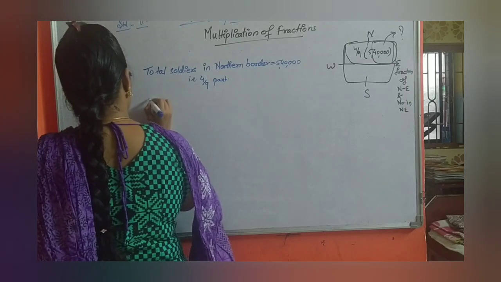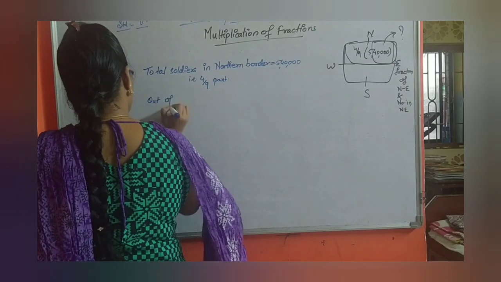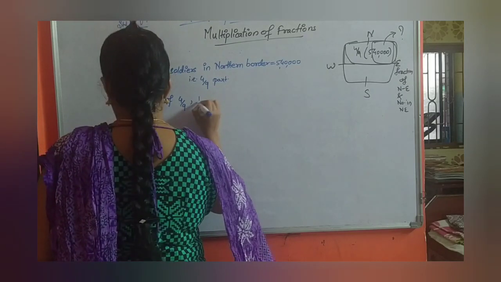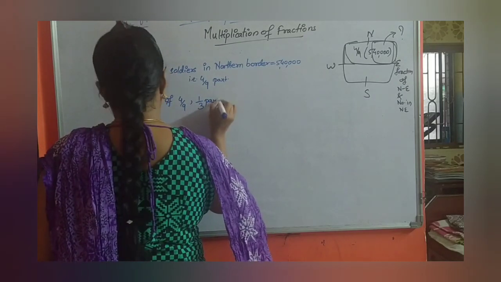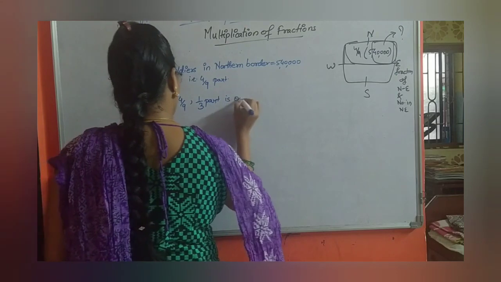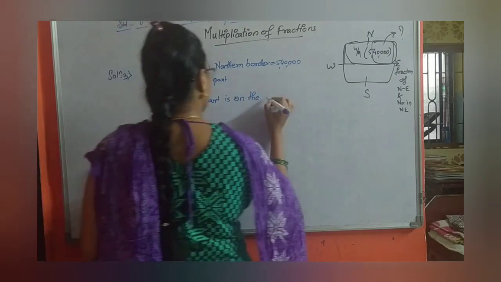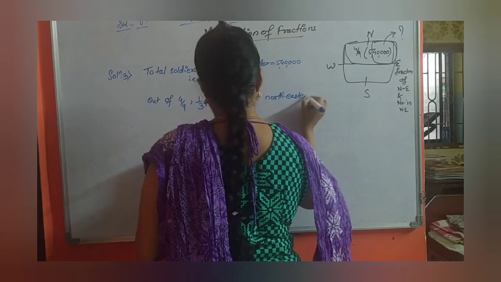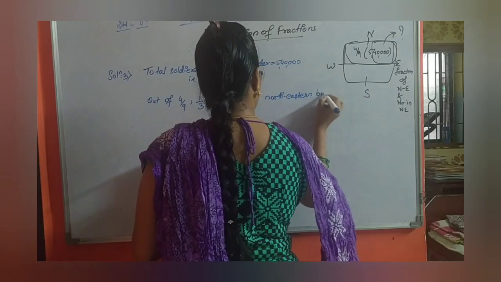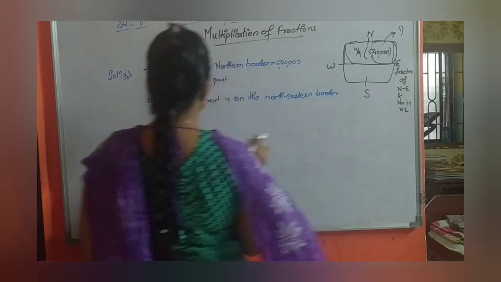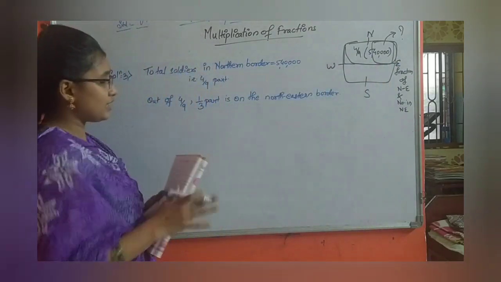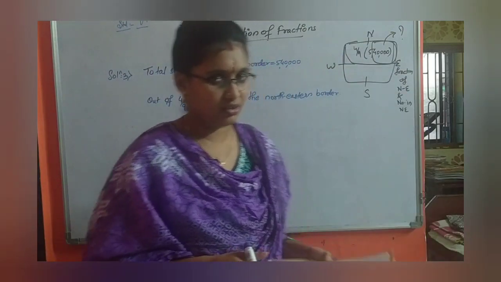Now out of that, we are given 1/3 part is on the northeastern border. Since we are given the fraction of northeastern, it is easy to find the number of northeastern.